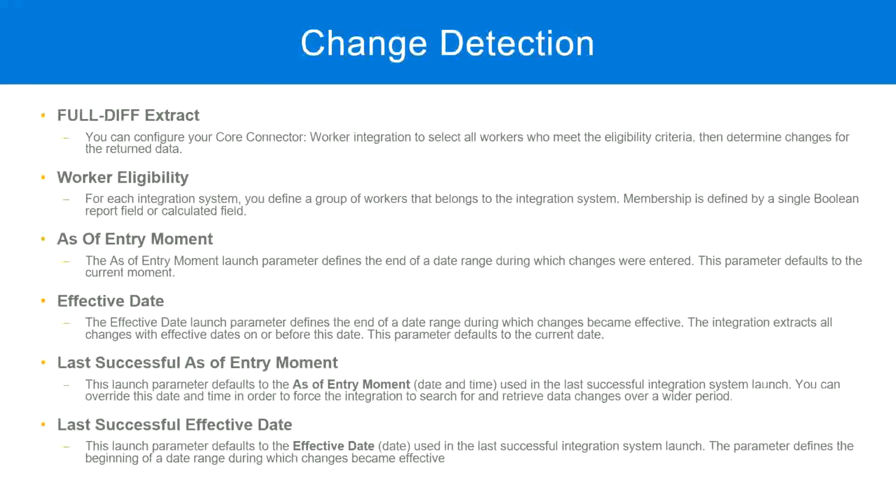Then will you include the workers who are not in North America? Maybe your European employees, your Asian employees, your Latin American employees. Will you include data for them in this integration to ADP? They may not need it. It is not relevant. Correct, so we would not need it.